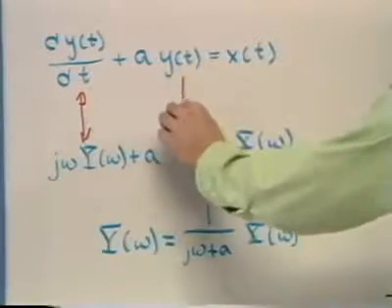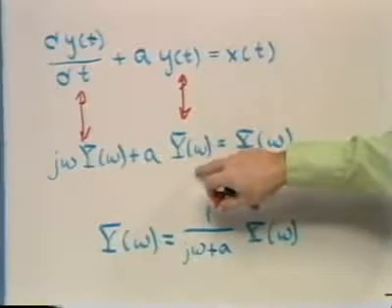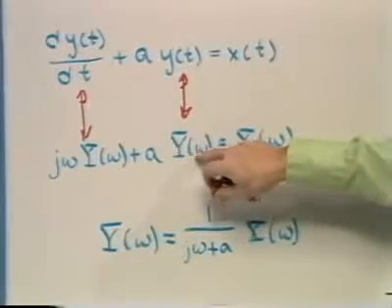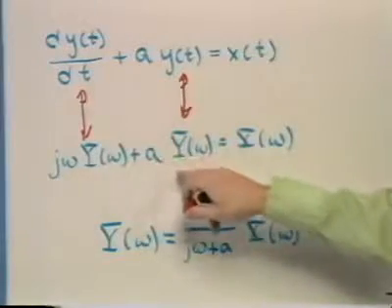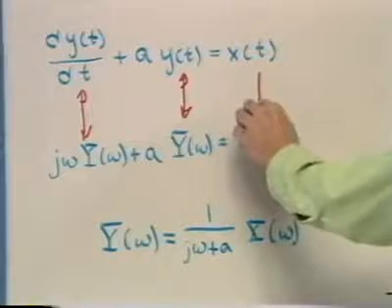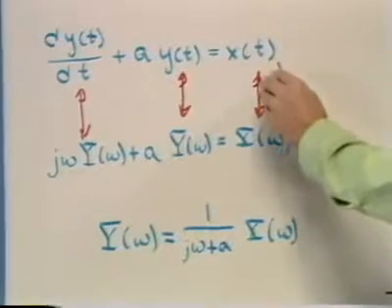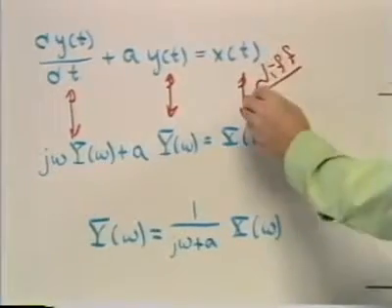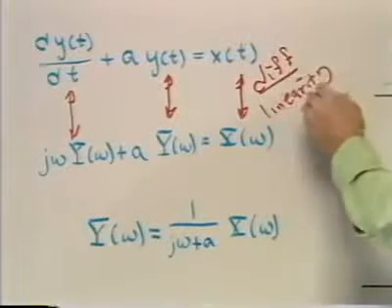And linearity will let us write the Fourier transform of this as a times y of omega. And since we have the linearity property, these are added together. And x of omega is the Fourier transform of x of t. So what we've used is the differentiation property, and we've used the linearity property.